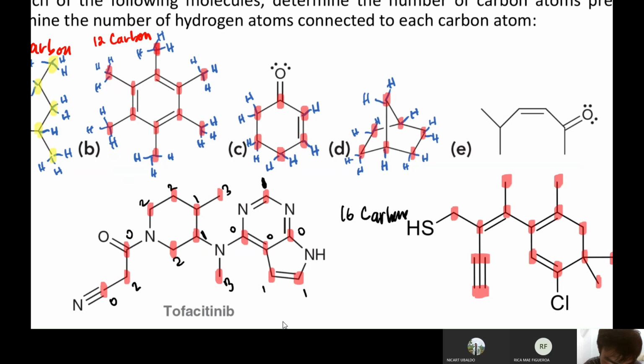Bilangin ko ulit: 2, 3, 4, 5, 6, 7, 8, 9, 10, 11, 12, 13, 14, 15, 16, 17, 18, 19 yung hydrogens daw. So, 19 hydrogens daw. 19 ba?